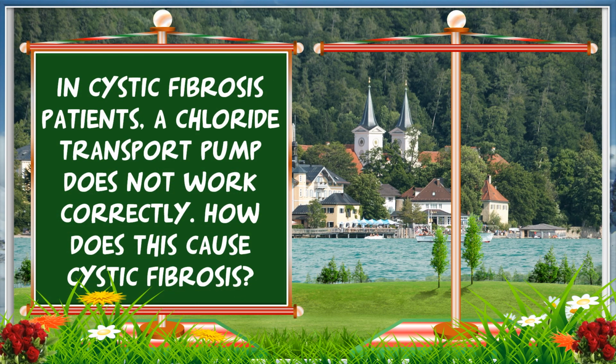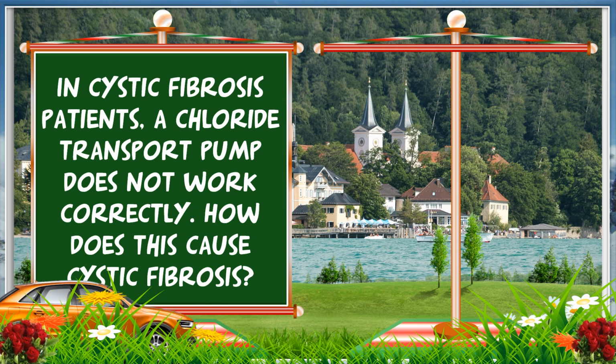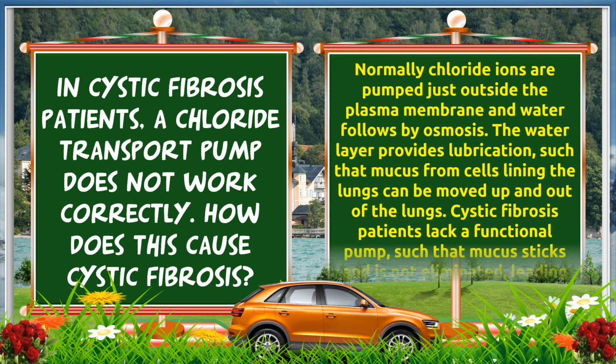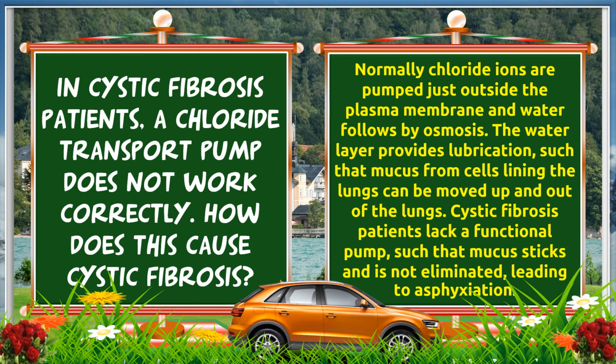In cystic fibrosis patients, a chloride transport pump does not work correctly. How does this cause cystic fibrosis? Normally, chloride ions are pumped just outside the plasma membrane, and water follows by osmosis.